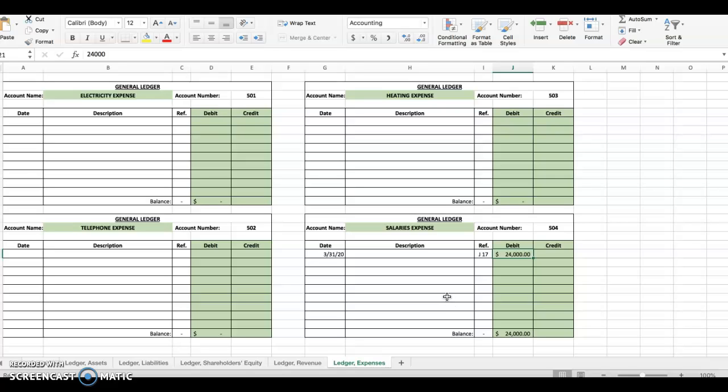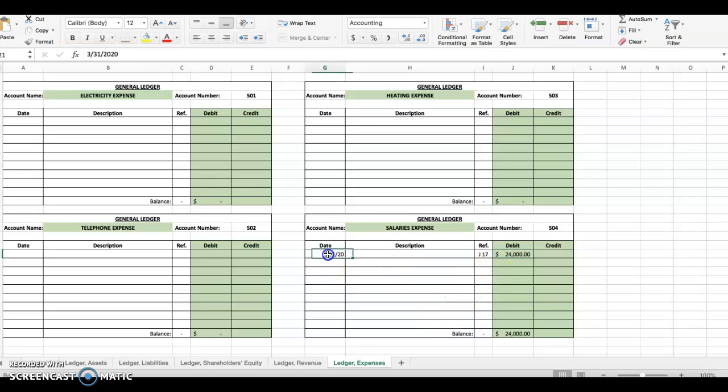So for this accounting period, which happens to be a month long, salaries would show $24,000. For the previous months of January and February, we would have done the same thing. We would have debited salaries expense, but somehow this account ends up with a zero balance. So don't worry about how that happens and why. We will explain later.